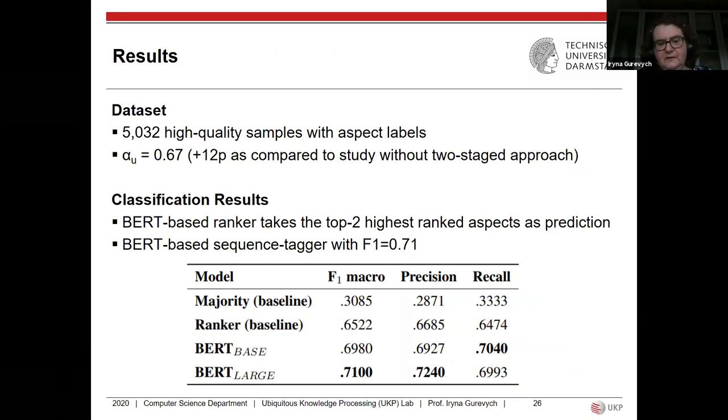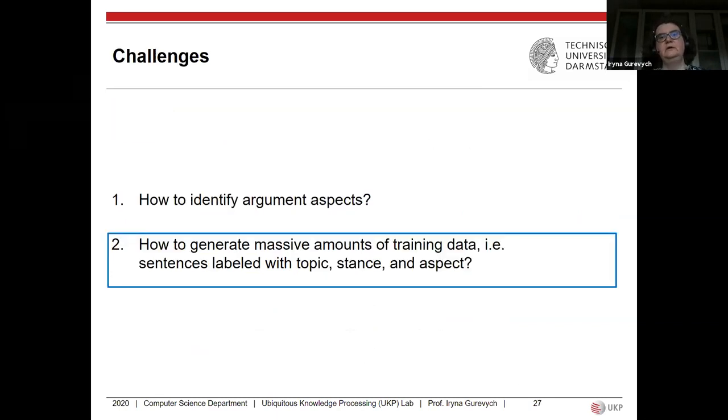And we evaluate this against the majority baseline and a BERT-based ranker, taking the top 2 highest ranked aspects as prediction. And we find that a BERT-based sequence classifier yields the F measure of 0.71, which we consider to be feasible in order to be applied for the task of training data generation in our neural argument generation approach.